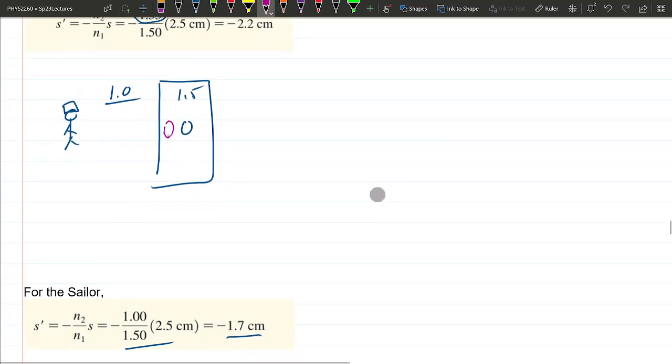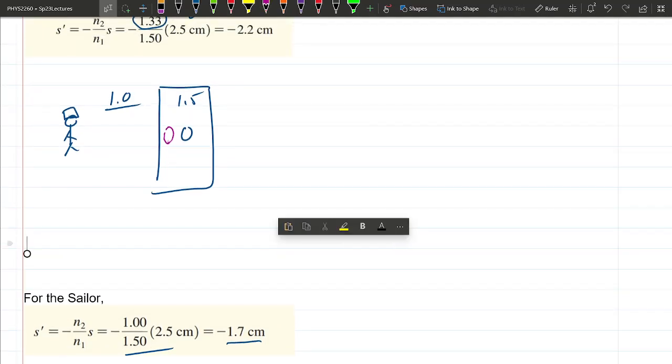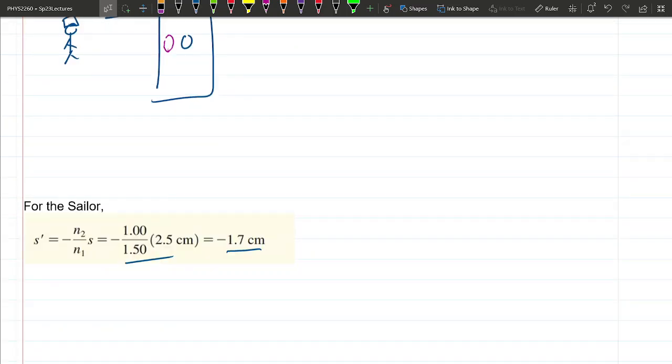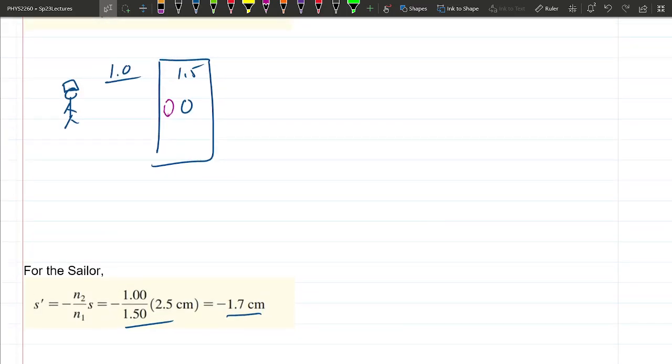So that little bubble appears closer to the surface to the sailor than it does for the fish, right? Because the change of index of refraction between glass to air is bigger than the change between glass to water, right? All right, any questions about this? You doing okay? All right.